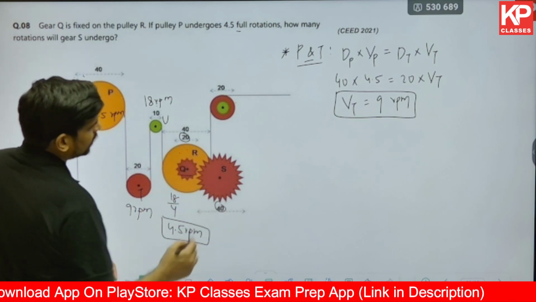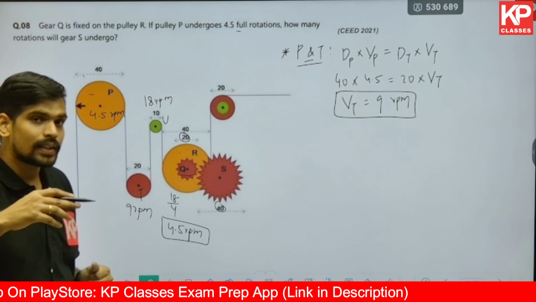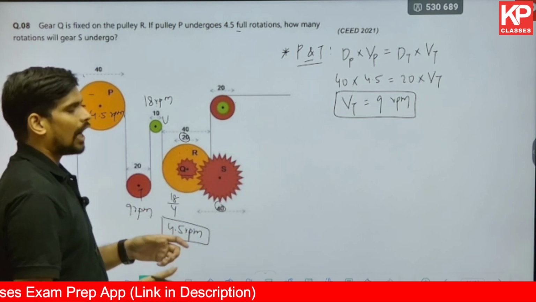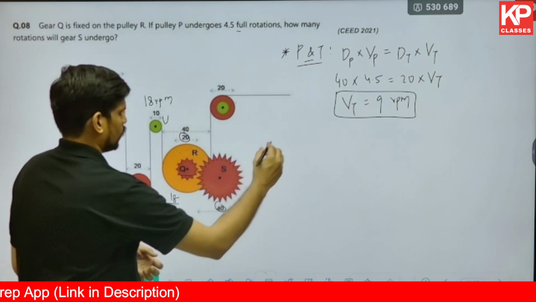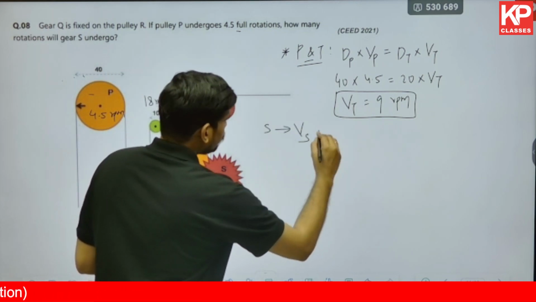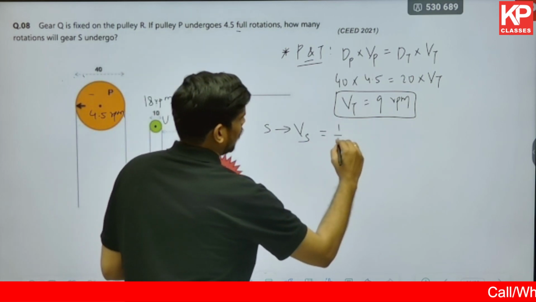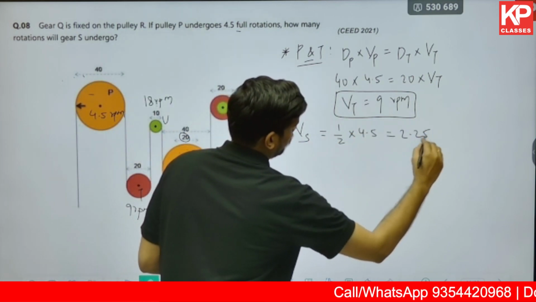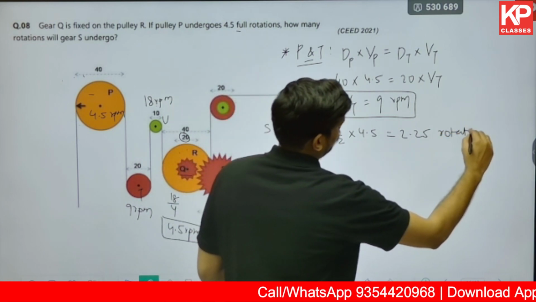For S, the diameter is given as 40. So the diameter is getting doubled. If the diameter is getting doubled, the RPM value will become half again. So the answer finally for S, the rotational velocity will be half of 4.5, which will be 2.25 RPM or 2.25 rotations.